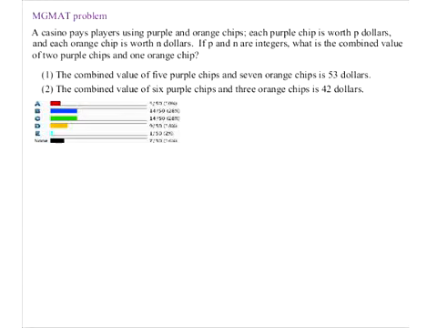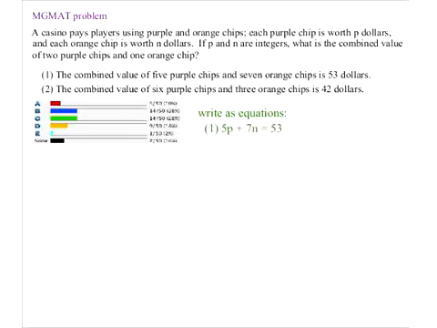So, here's the problem. Let's talk about it. You got purple and orange chips. Okay, so you can at least write these as equations. So, let's do that. The first one winds up giving us that 5p plus 7n is 53.